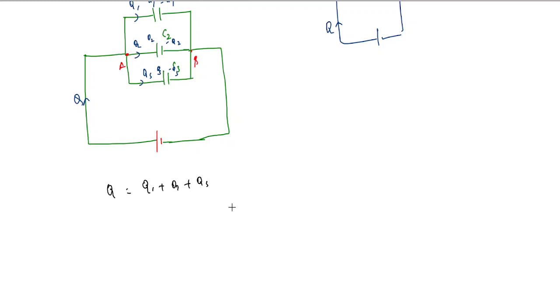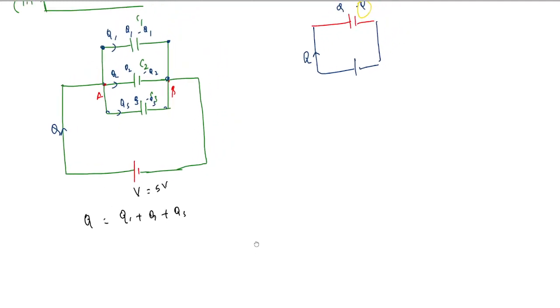In case of series combination, the capacitors have the same charge on each capacitor, but different voltage drops. But in this case, each capacitor will have the same voltage drop. So if this battery can provide a voltage drop of 5 volts across capacitors C1, C2, C3, whether it is between these 2 points or these 2 points or these 2 points, it will have the same voltage drop. It will be 5 volts only.